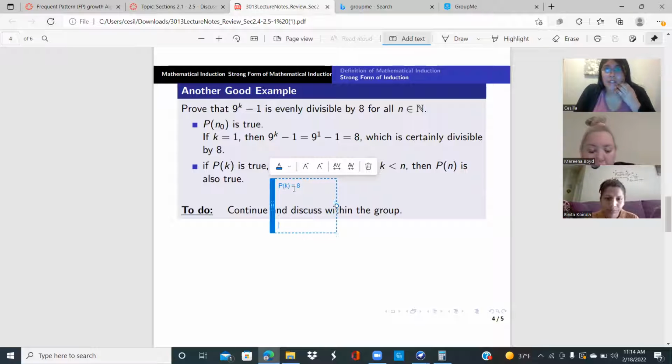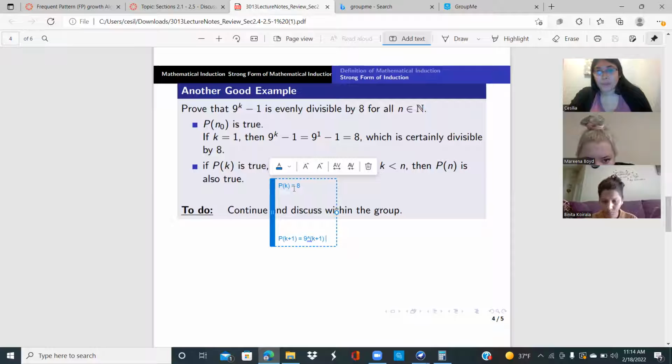So once you go down into the next step, which is where you're gonna have to do P of k plus 1, which equals using the 9 in there, and then you're putting it to the power of k plus 1, which should give you whatever that is. So then that's where you do the whole mathematical work into that. Okay.